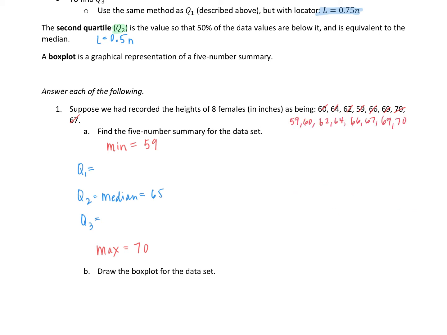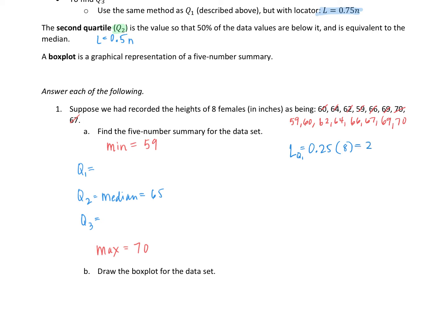So I've rewritten my numbers there. Q1, we are going to find the numbers that we should use by multiplying 0.25, so this is the locator for Q1, 0.25 times 8. So 0.25 times 8 is 2.